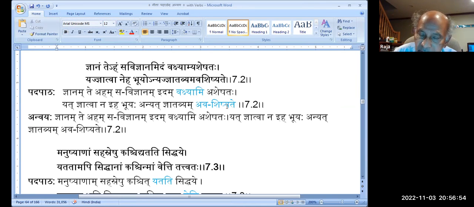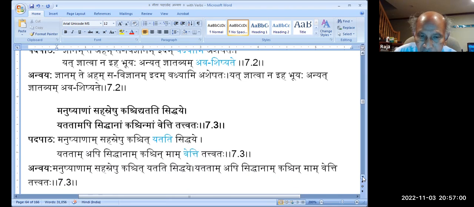Avasishyate, this is a passive voice. So you will see that in every sloka I did that. But you will know gradually. Don't worry all of those things. First thing is how to put this sloka back from basic when it is broken into pieces. Now let me go back to fourth.